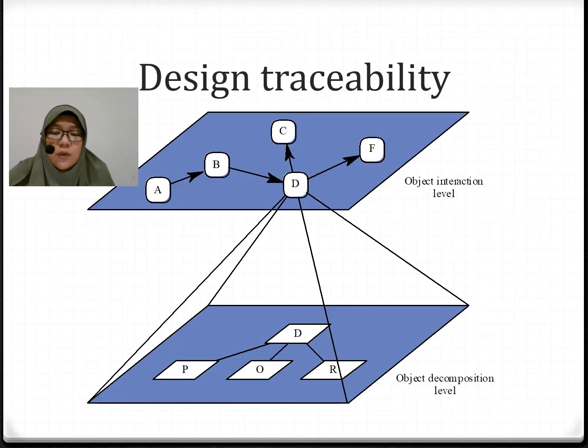This is also talking about design traceability, where your design is traceable to the lower level of design.